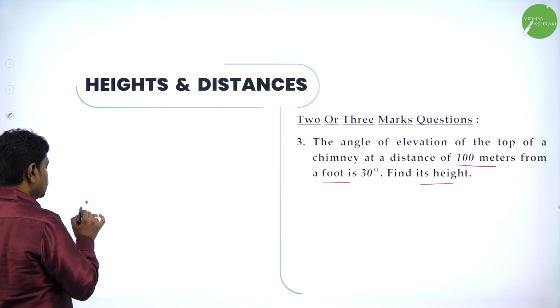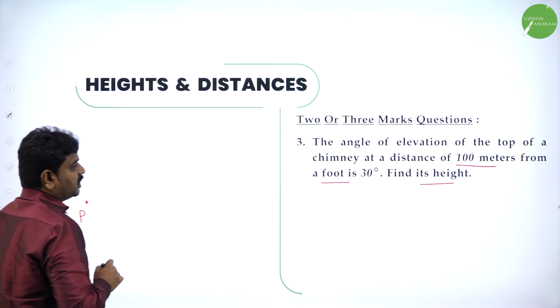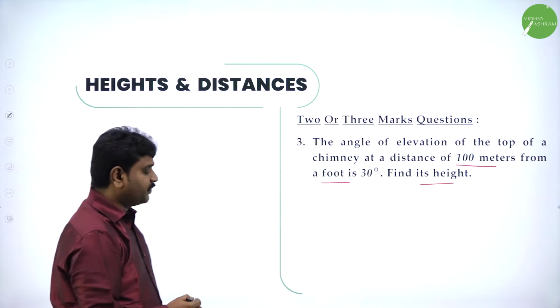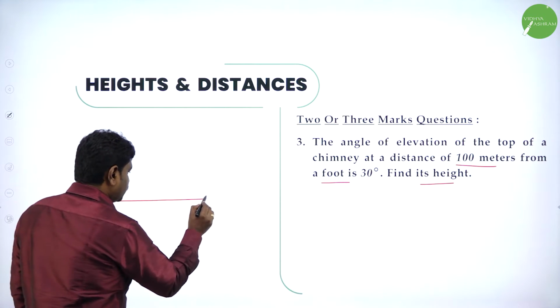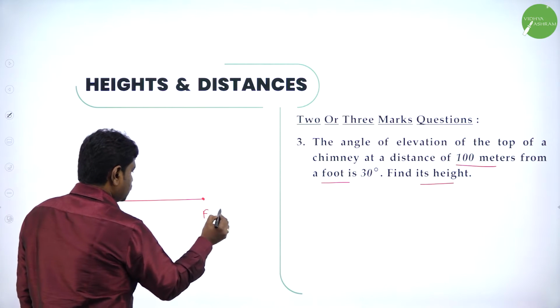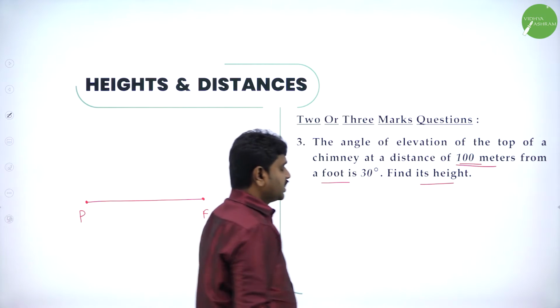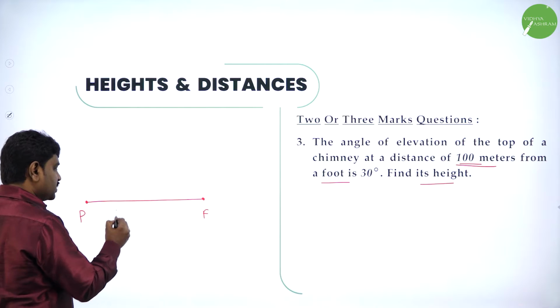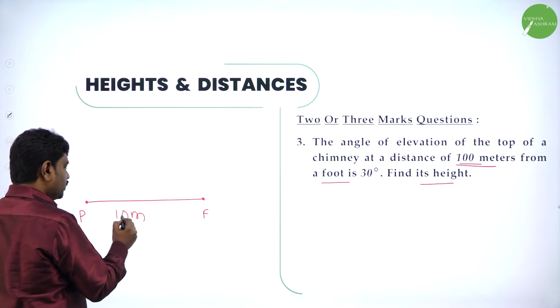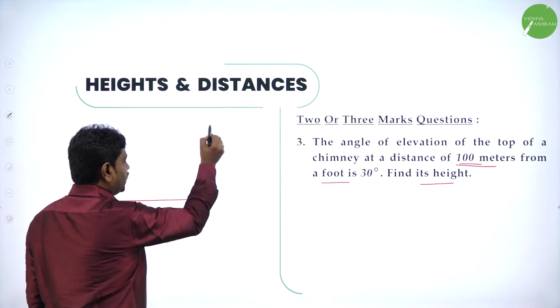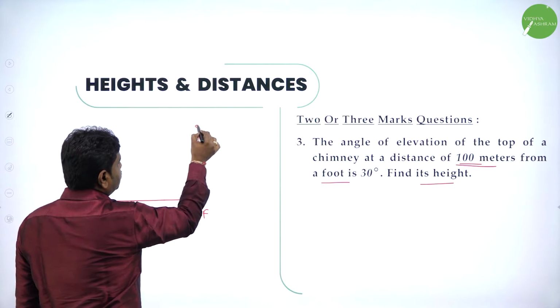I'll choose a point P, and I'll assume it is at a distance of 100 meters from the foot of the chimney. So this is the foot of the chimney. From P to F is 100 meters. Now we'll draw the height of the chimney. PF be the chimney.